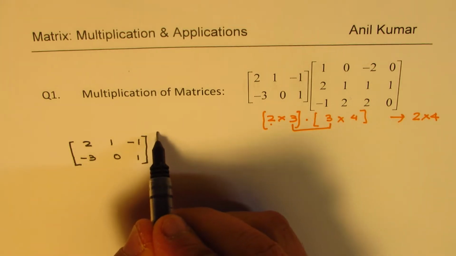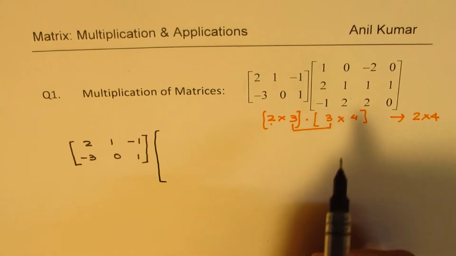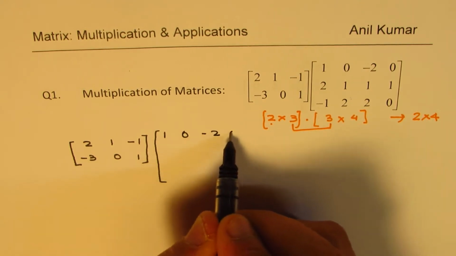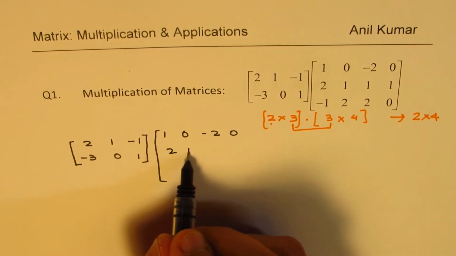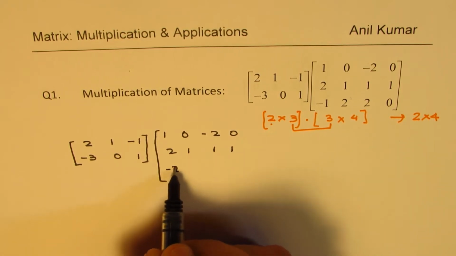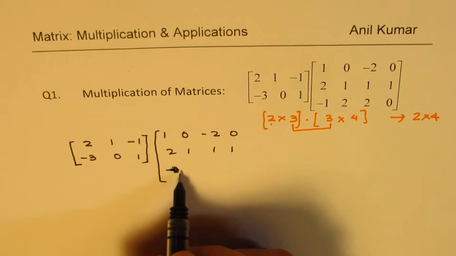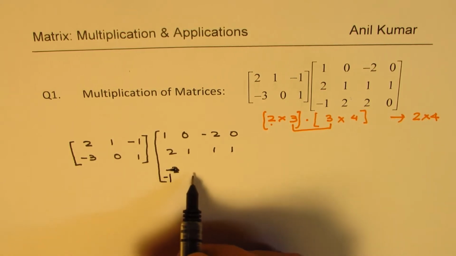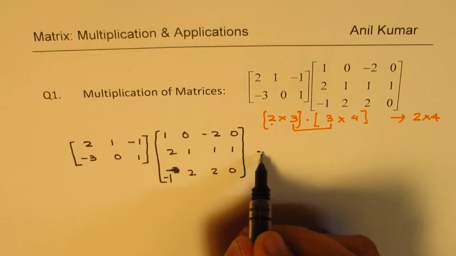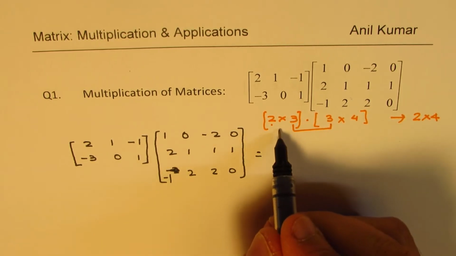By another one, which will be kind of 1, 0, 1, 0, minus 2, 0. And then we have 2, 1, 1, 1, minus 2, minus 1, sorry. Okay. Minus 1, 2, 2, and 0.